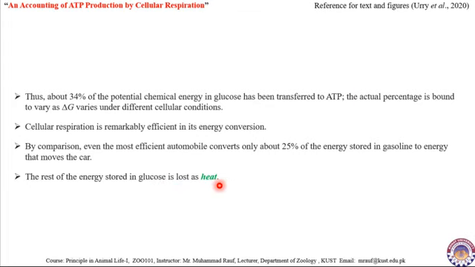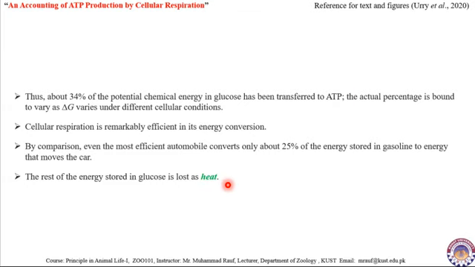And remember one thing, that so many chemical reactions are involved and still the production of energy is only 0.34. Now you can ask the question, what is the need for so many chemical reactions? The energy from glucose can also be drawn in a single step. So remember that in every energy transformation, some form of the energy is wasted as heat.